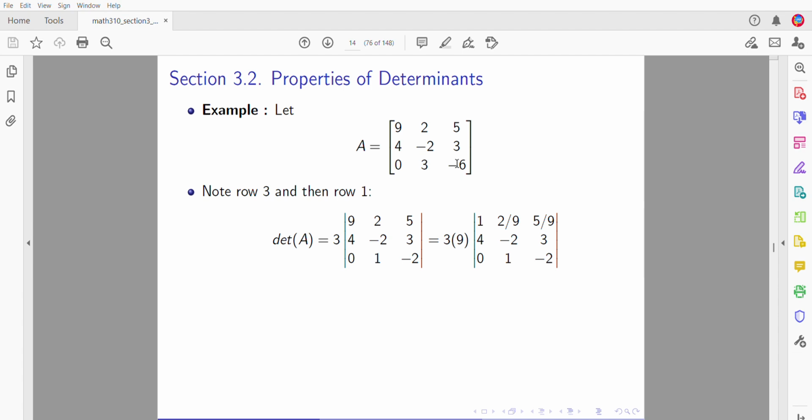I can bring it out. That was elementary row operation where I divided row 3 by 3. Anyhow, the 3 came out. Agreed? Look at row 1. I'm dividing by 9. I get 1 there, 2 over 9, 5 over 9. So the 9 comes out.